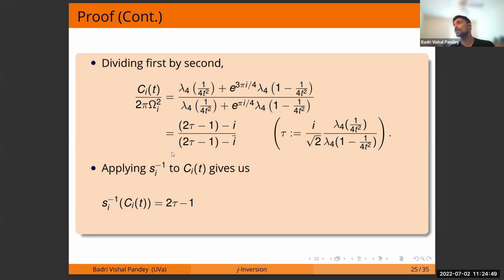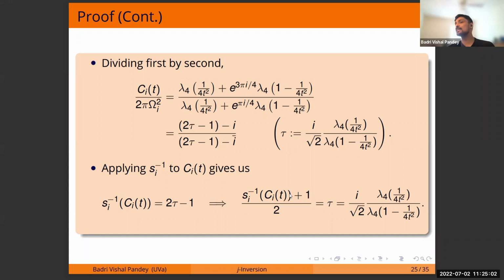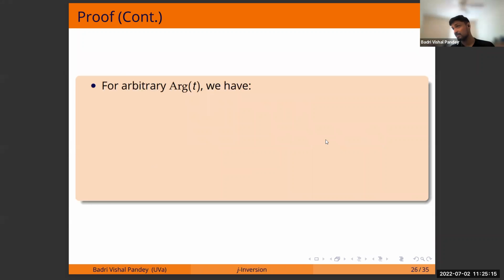So what you can do is take the inverse, the inverse of C_I(t) divided by 2 pi omega_i squared. In shorthand, I have written a small inverse for that. It's actually 2 tau minus 1. So this implies that this tau, whatever we chose here, is equal to this factor, right? And as I told you before, in this case, these sorts of inversion formulas have been well studied.